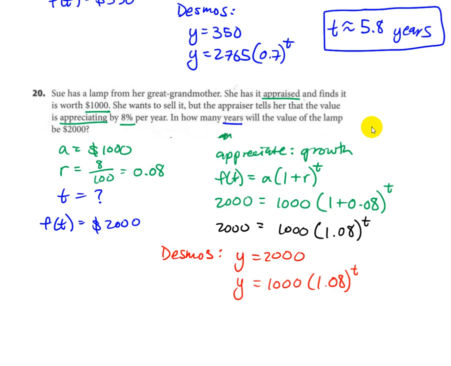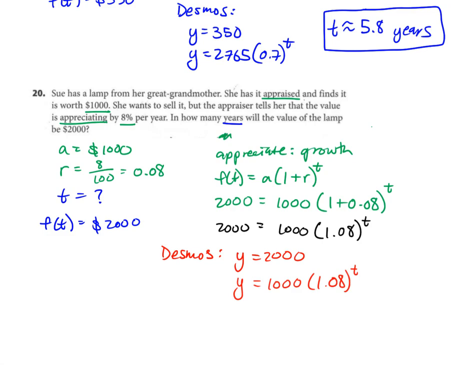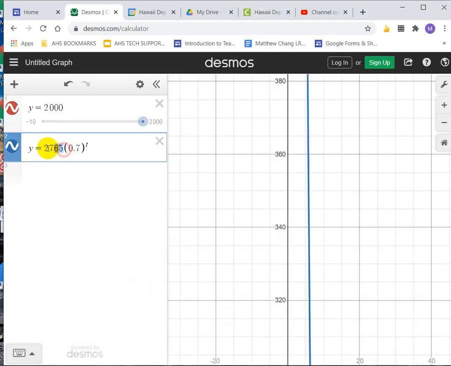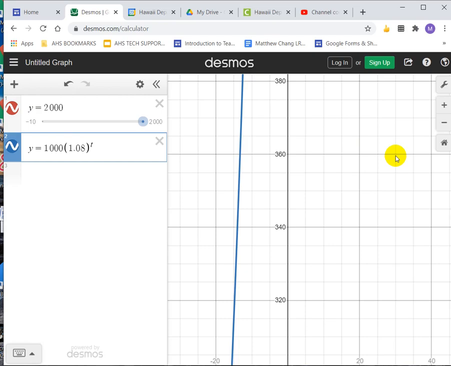Okay, so this is where we're going to have to play around with Desmos and figure out the intersection point. So we just change it up. So y equals 2,000. Another one is 1,000 multiplied by 1.08 raised to the power of t.